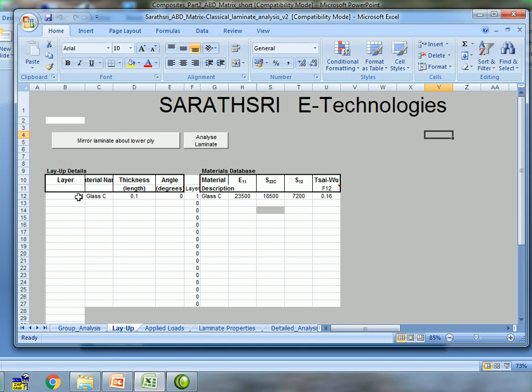Starting from the layer on top, 0.1 is the thickness and 0 is the angle. The second is the same glass, we can repeat. We can take a single material, and this is 90 degrees. This is plus 45.